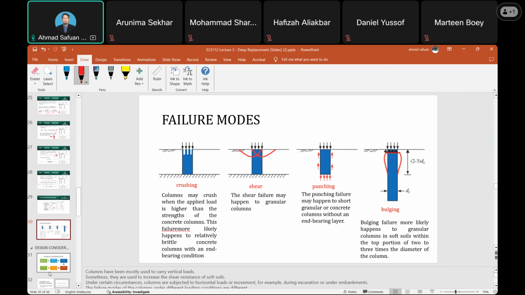The punching failure may happen to a short granular or concrete column without end bearing. Bulging is more likely to happen to a granular column in soft soil within the top portion of 2 to 3 times the diameter of the column. So usually bulging will happen at the top of the stone column when it rests in soft soil.